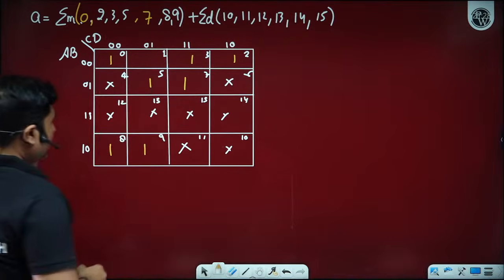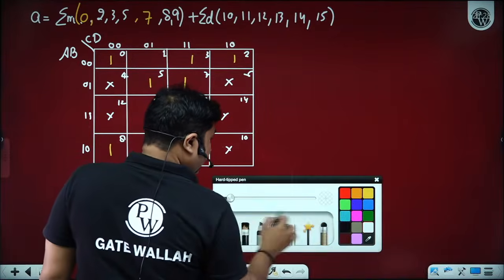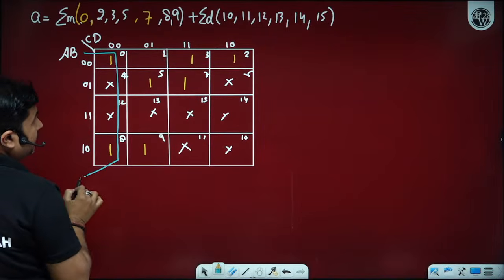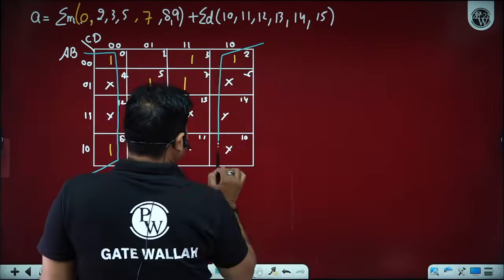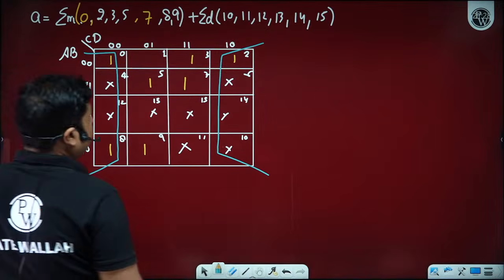So is there any possibility of an octet? Yes, sir. We have one possibility of the corner octet. Can we take this octet? Yes, sir. We have one more possibility of an octet, sir.